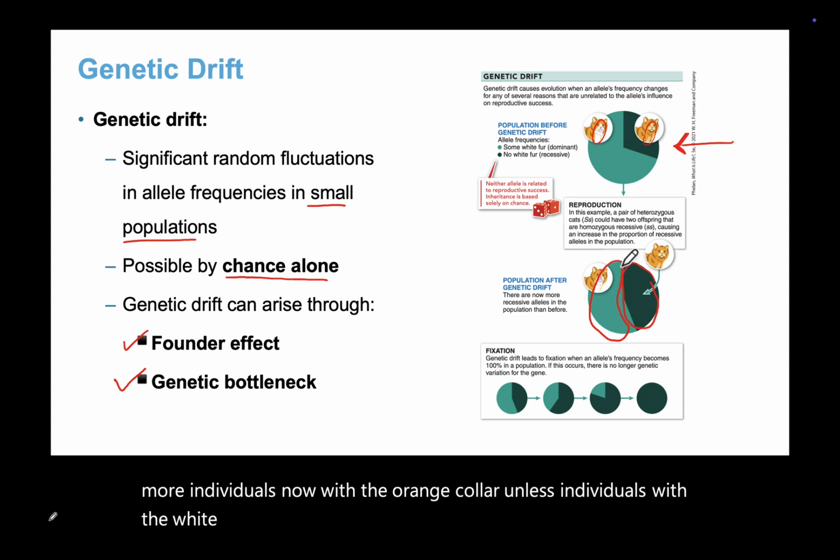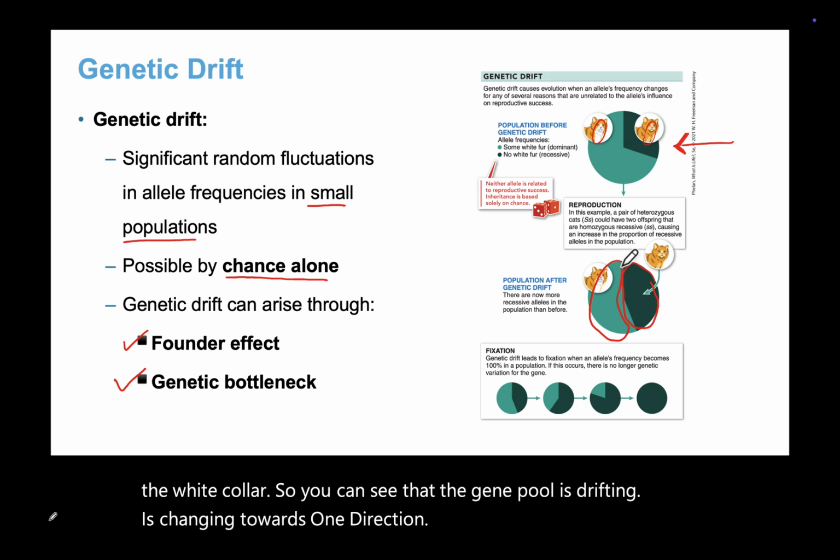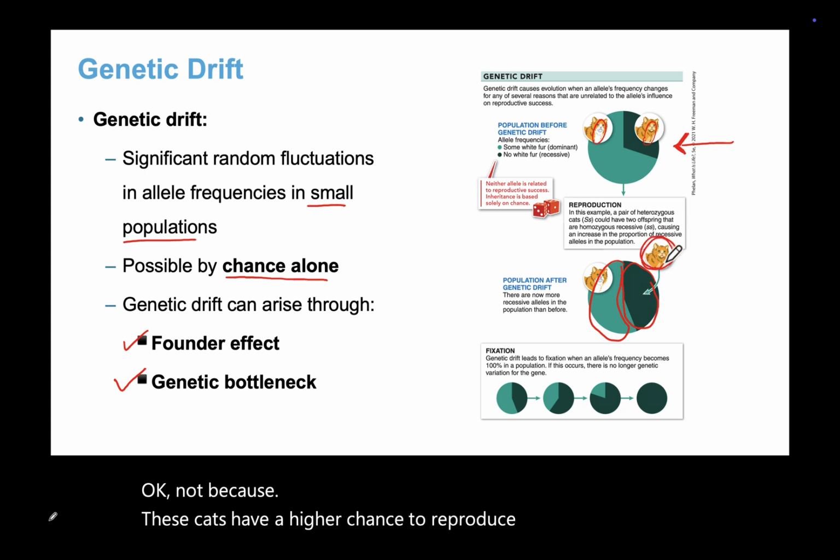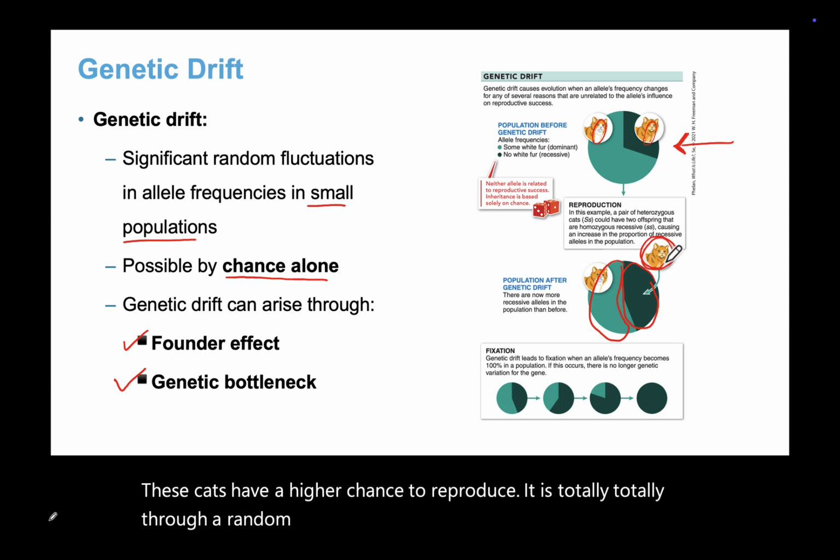So you can see that the gene pool is drifting, is changing towards one direction. Okay? Not because these cats have a higher chance to reproduce. It is totally through a random process. Okay? A random fluctuation in the allele frequencies.